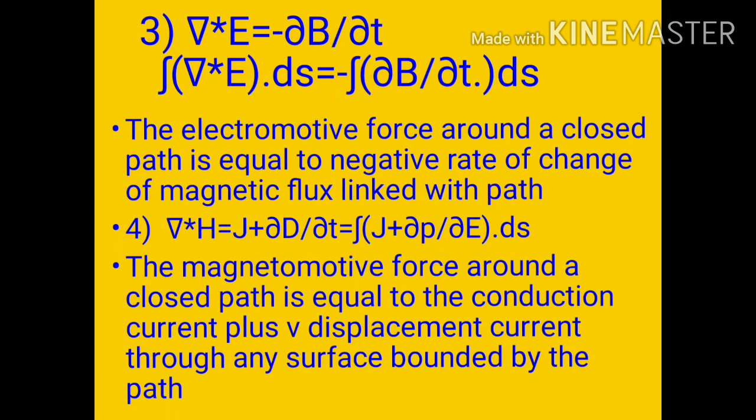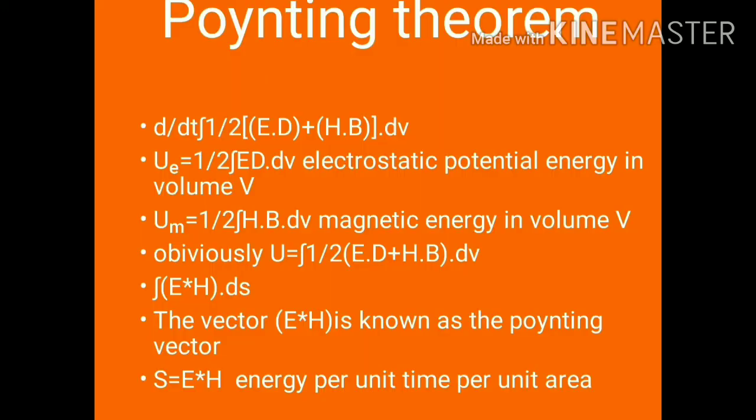Fourth, del cross H is equal to J plus dou D by dou t, which gives the integral of J plus dou D by dou t dot ds. The magnetomotive force around a closed path is equal to the conduction current plus the displacement current through any surface bounded by the path.